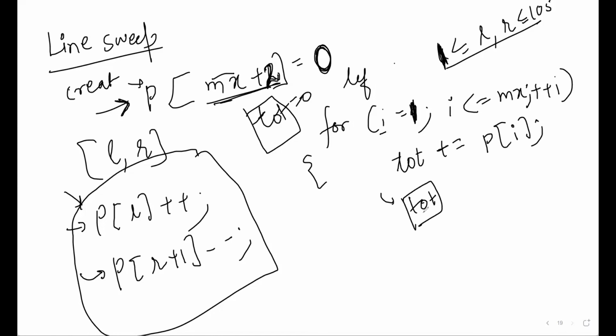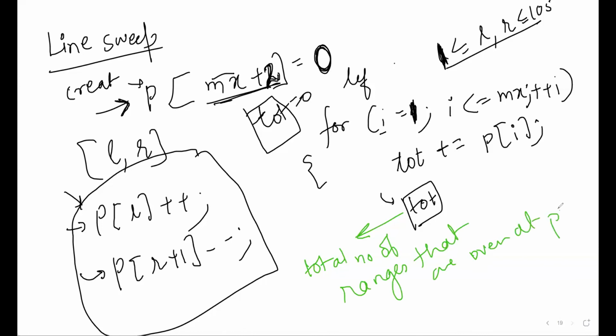The total number of ranges that are overlapping at this ith point. So let me repeat it again: this total at the moment is storing the total number of ranges that are overlapping at point i.